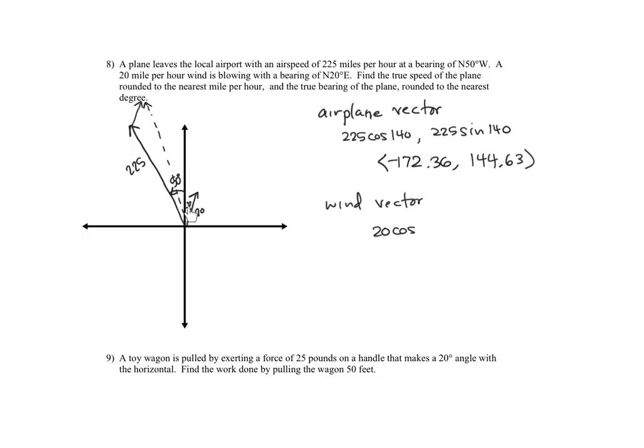Now the bearing is 20 degrees east, so that means that there's 70 degrees in that x-axis. So cosine of 70, and then the vertical component is going to be magnitude times the sine. This is going to be 6.84 and 18.79.